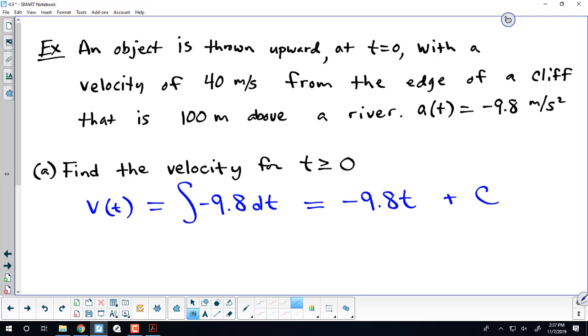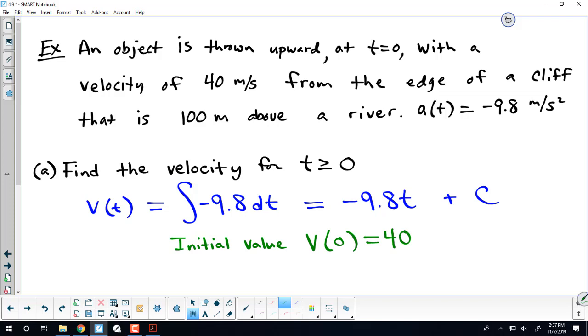What's our initial condition on velocity? 40 meters per second. It says an object is thrown at time equals 0 with a velocity of 40. So our initial value for velocity is that velocity evaluated at time 0 has to be 40 meters per second.